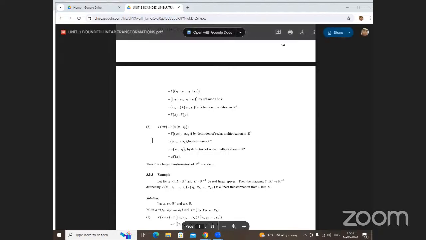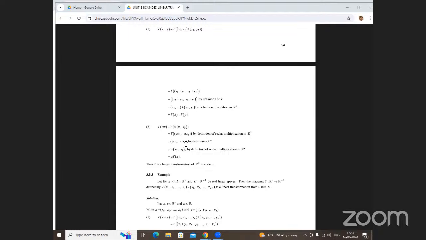Next, the second condition is T of alpha x equals T of alpha times x, here replacing x by x1 and x2. This can also be written as T of alpha x1 and T of alpha x2. By definition of T, substituting T of x1, x2 gives x2 and x1.